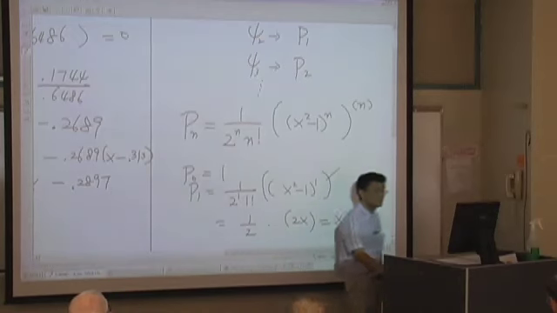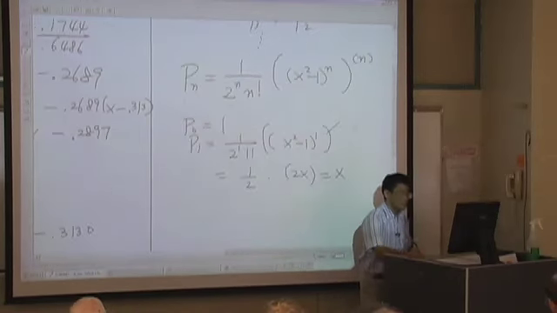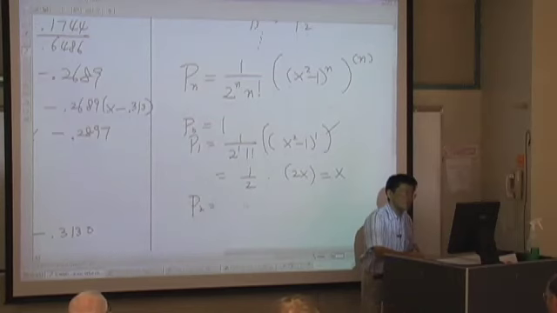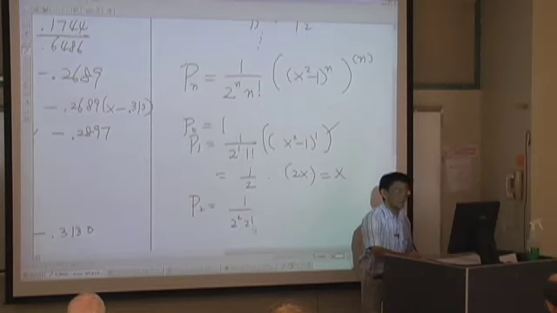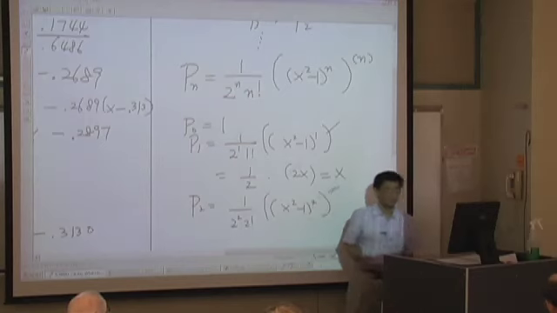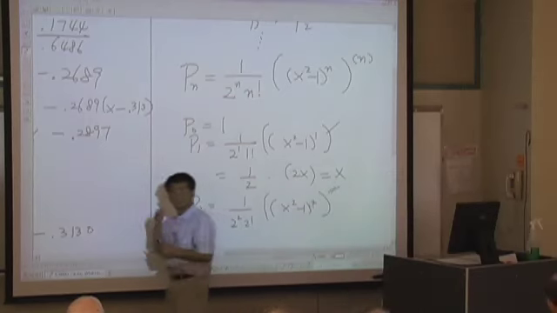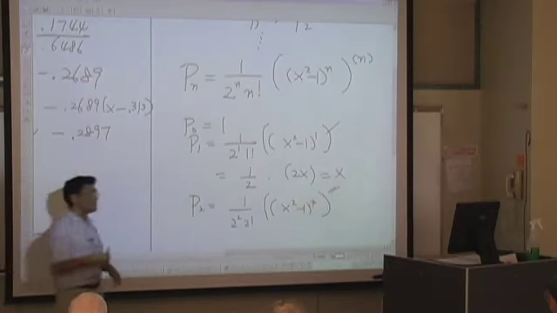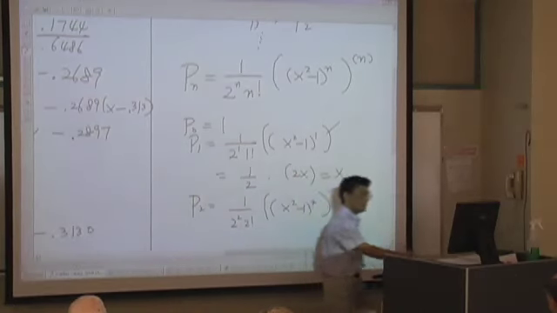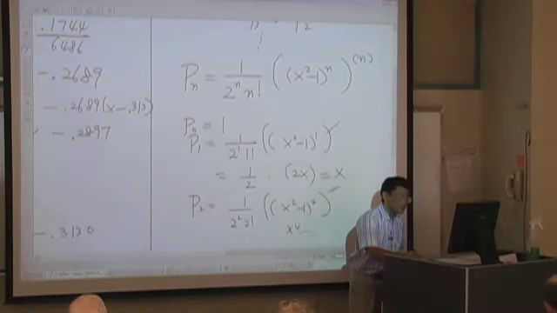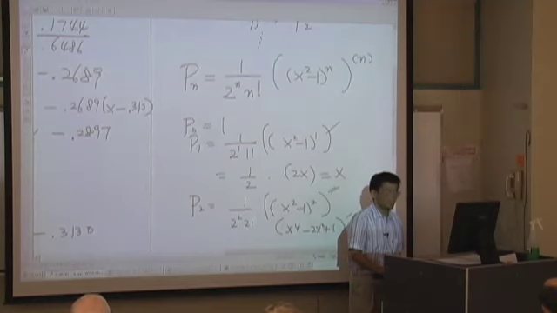So next thing, P2. P2 is what? P2 is with 2, right? 2 to the power of 2, and then 2 factorial. Do you follow me? 2 here, and then (x squared minus 1) squared, and then second derivative. So let's multiply this out. If we multiply this out, then x to the 4th minus 2x squared plus 1, and then second derivative. Right?